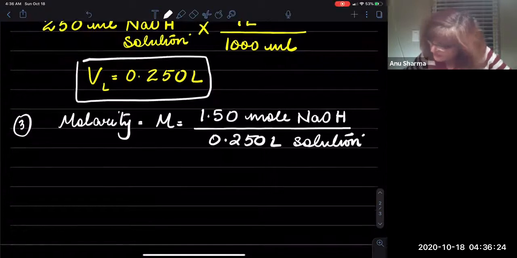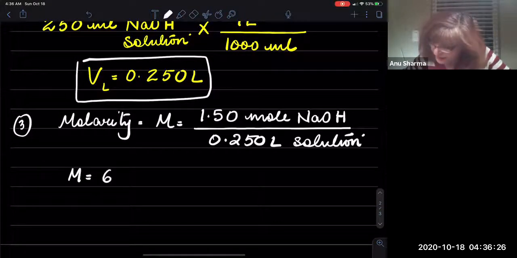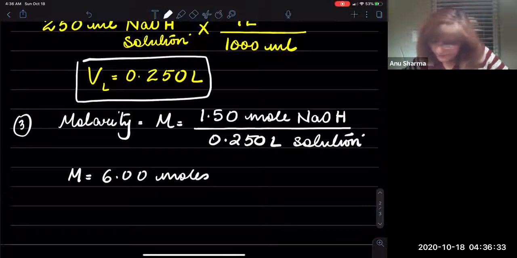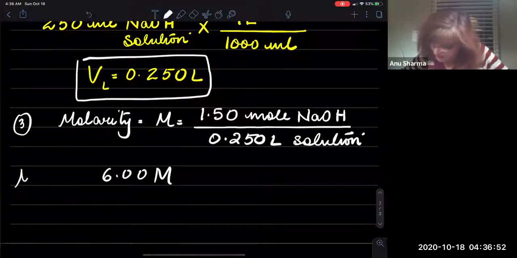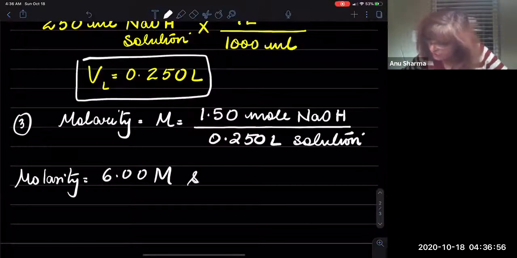When you solve this, the molarity comes out to be 6.00 M. The molarity of the solution is 6.00 M.